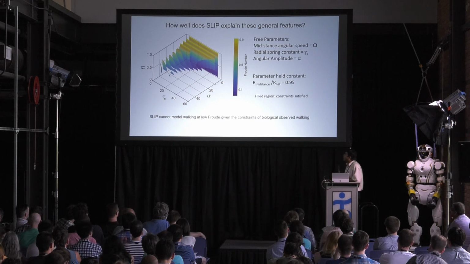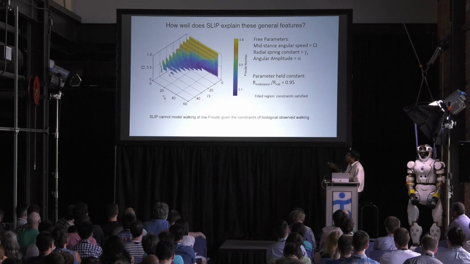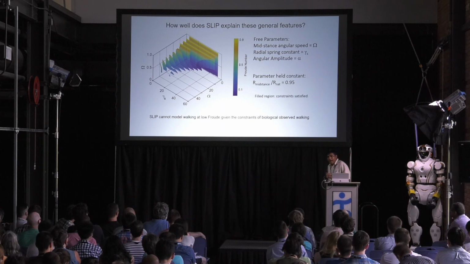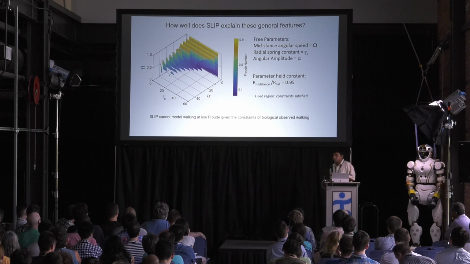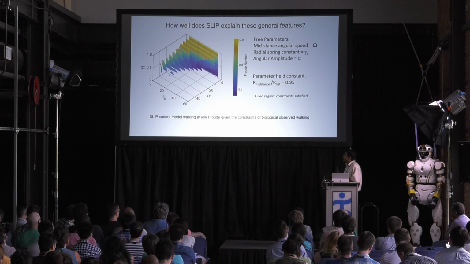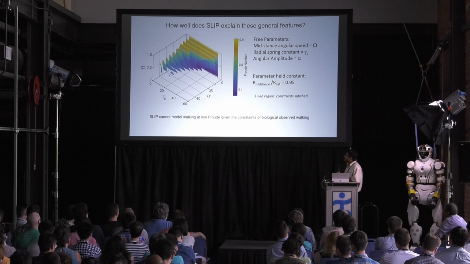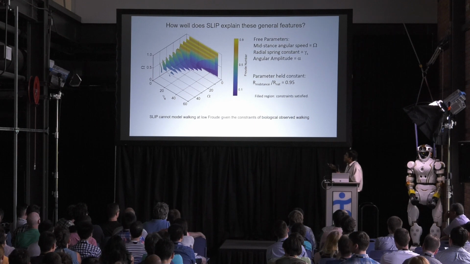So these colored regions are all the allowed gait space, which means these are the only regions in parameter space which satisfy the constraints on height and speed variations that Vikas mentioned earlier. All the other regions are essentially excluded. Now if you focus within this colored region, what you see is that as you increase alpha, SLIP has a challenge. It's unable to model really slow speeds.